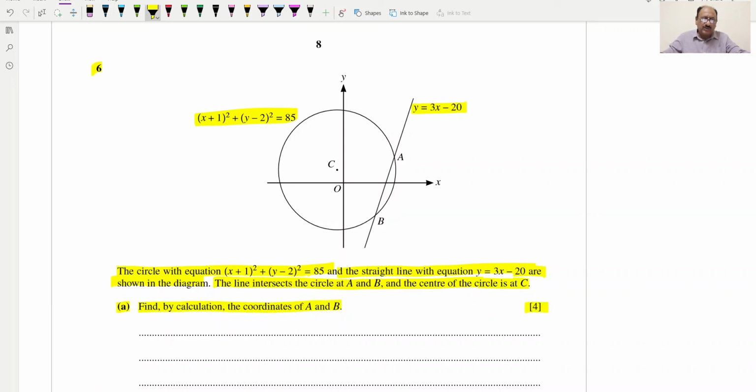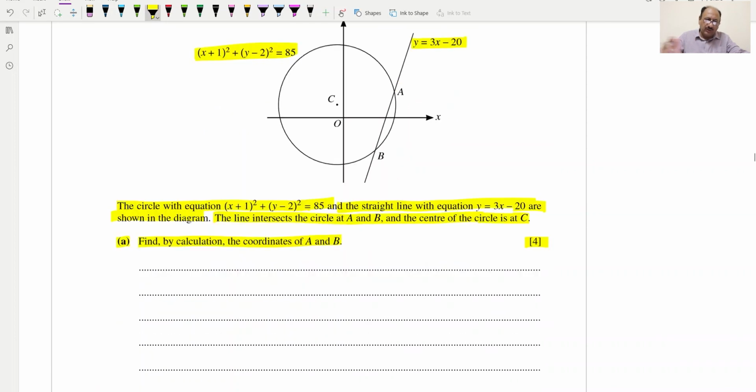So for coordinates, we can just equate the values or substitute the values. So y is equal to 3x minus 20. This is the equation of the line, which we will substitute into the equation of the circle, which is this one.